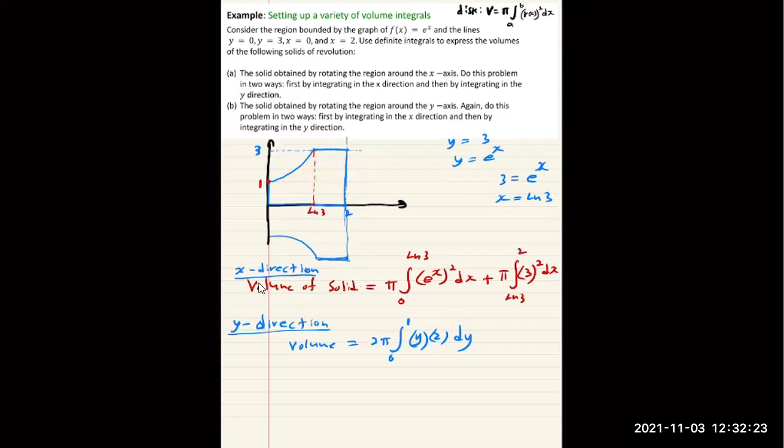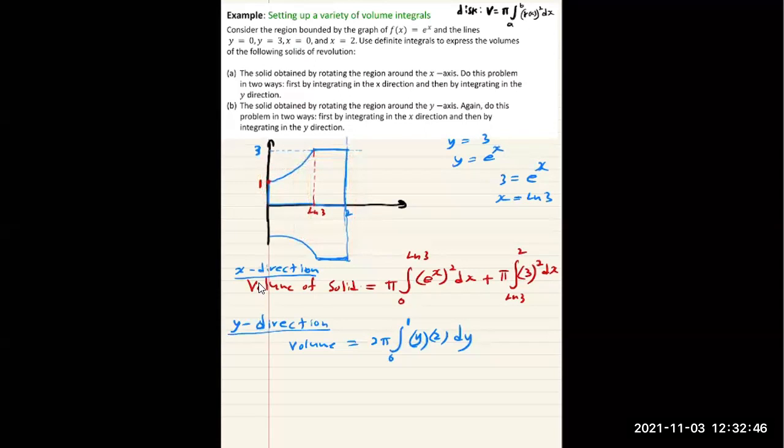How do you find that using the shell method? Again, you take a representative shell like this. For that shell, again, the radius is y. If I take this general point to be y, your radius is y, because radius is the distance from the origin to that point. So ry is y. How do you find the height?